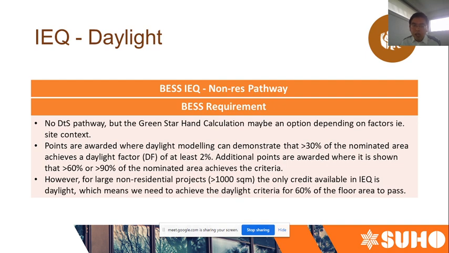However, for large non-commercial projects, the only criteria available in IEQ is daylight, which means we need to achieve the daylight criteria for over 60% in order to comply with the BESS requirements. And it is usually hard for some developments.